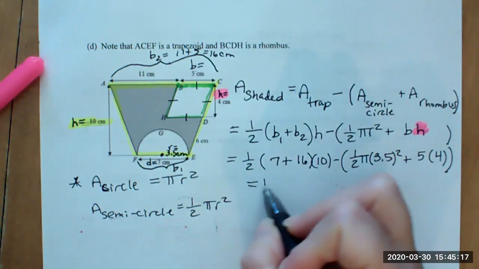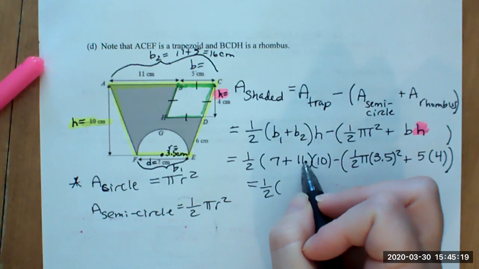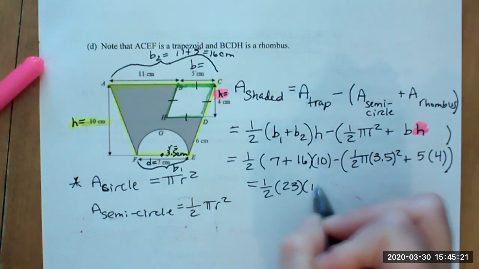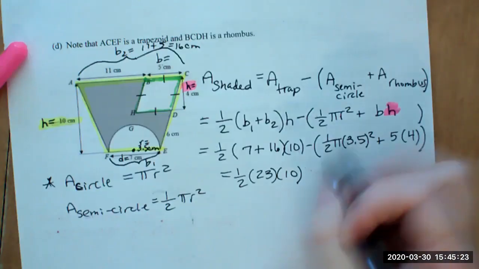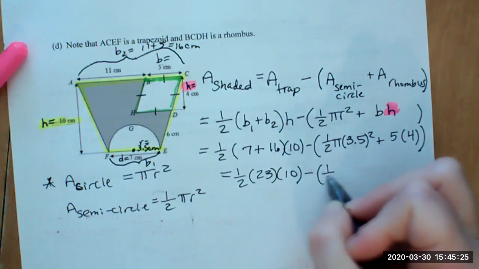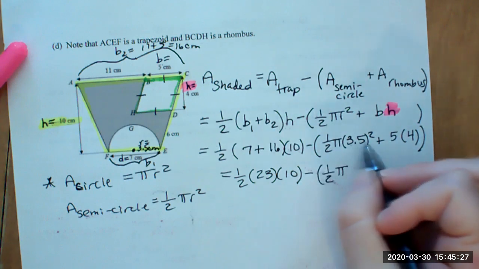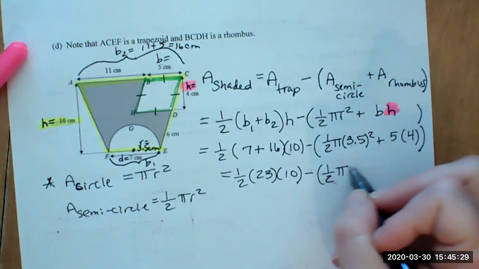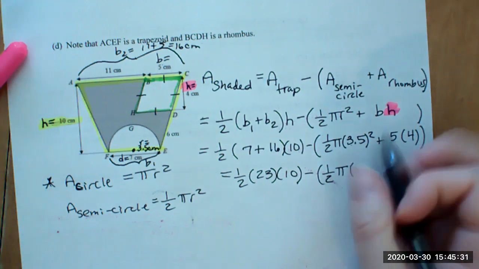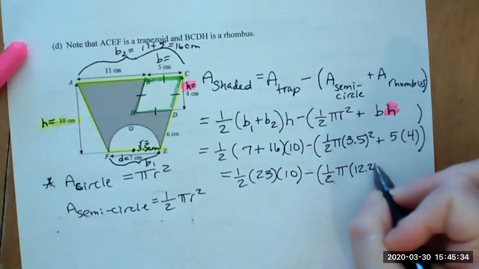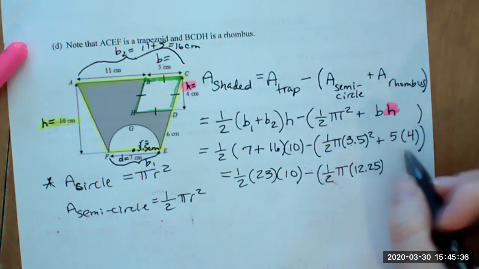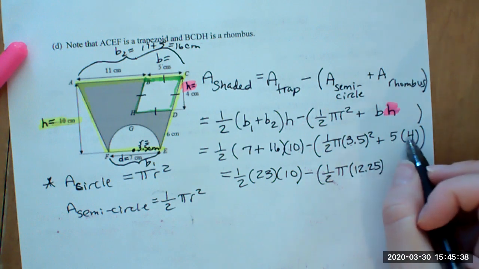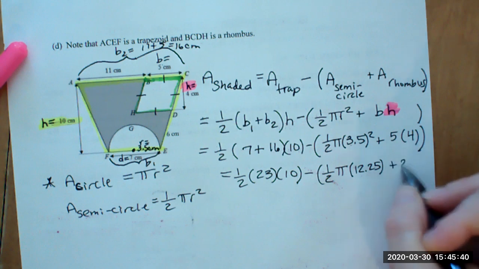So I've got 1/2 times 7 plus 16, which is 23, times 10, minus 1/2 of pi. Now at this point I'd use my calculator for time saving. I went ahead and already calculated that and I got 12.25. And over here, 5 times 4 is 20.